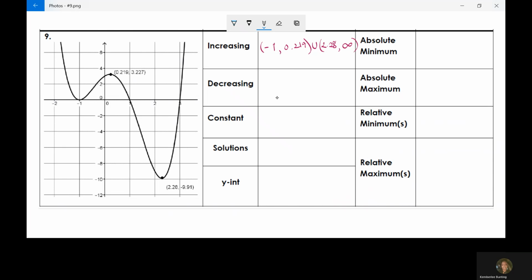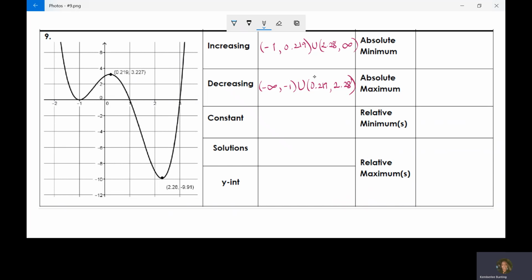All right. It is decreasing from -infinity to -1 in union with, these some ugly numbers, 0.219 to 2.28.